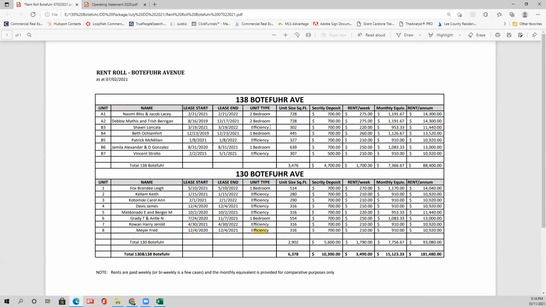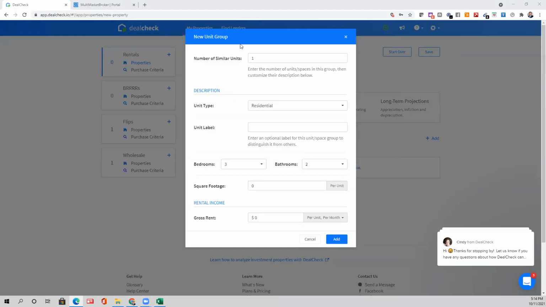Right now, if you're looking at this rent roll, we'll count up. Like there's efficiencies. There's 1, 2, 3, 4, 5, 6, 7, 8, 9. So you put in 9 similar. This is residential efficiencies. It's considered a studio.